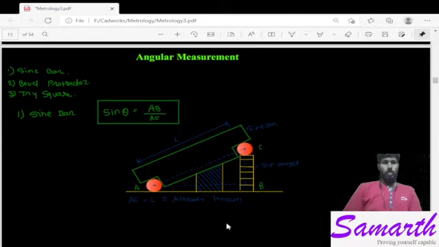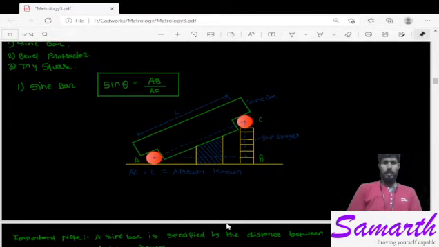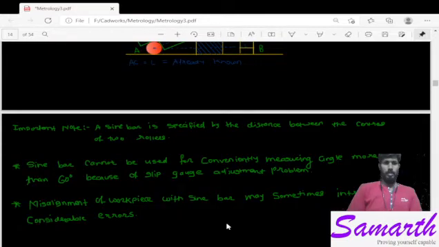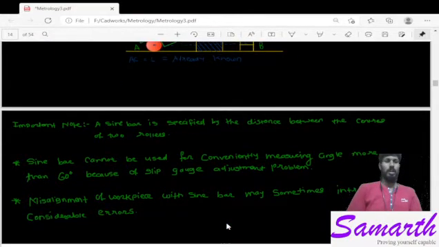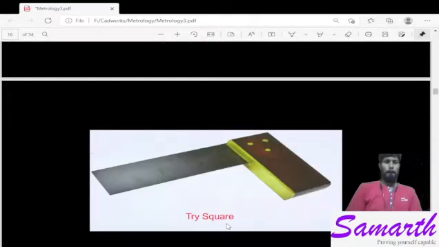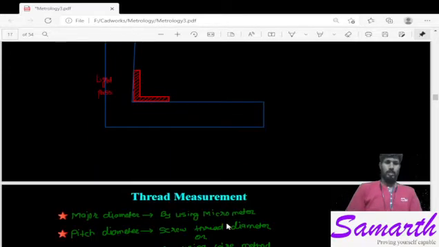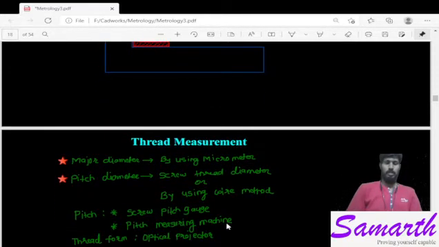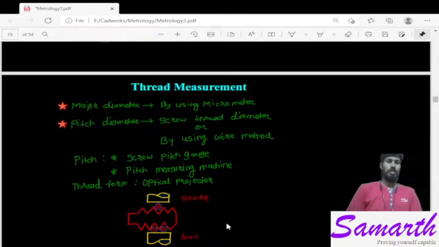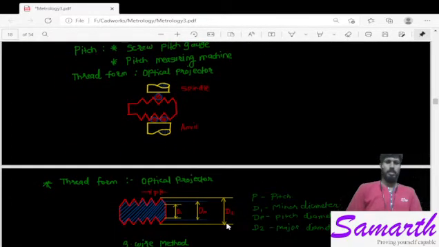Now angular measurement. I think we should stop here, because angular measurement includes sine bar, bevel protractor, try-square. Or should I complete it? Let us complete. We will discuss thread measurement in the next lecture.